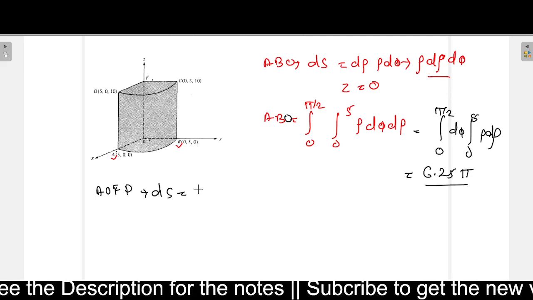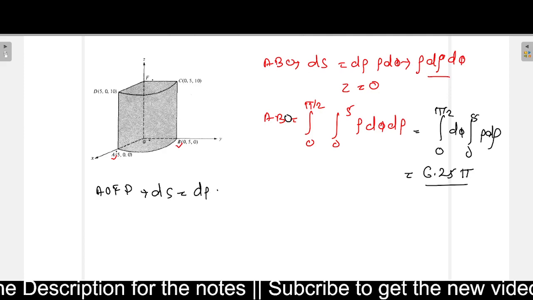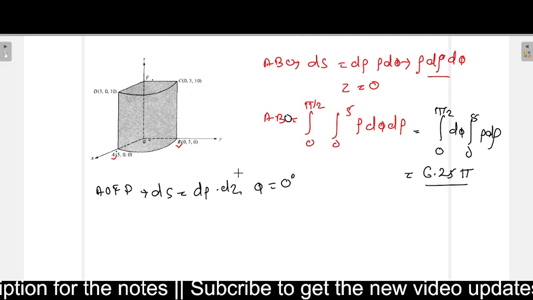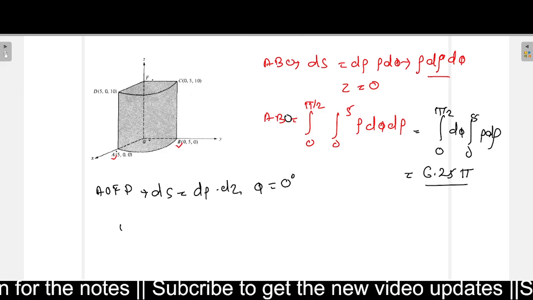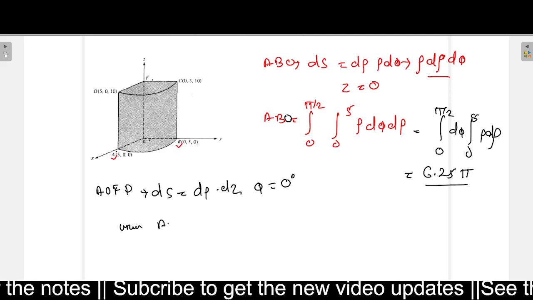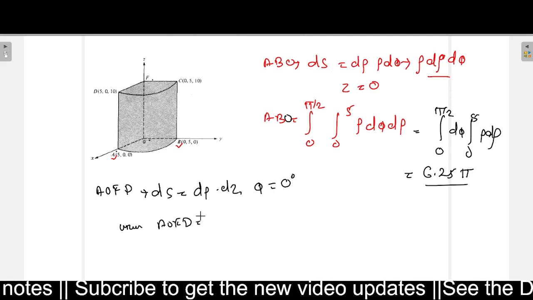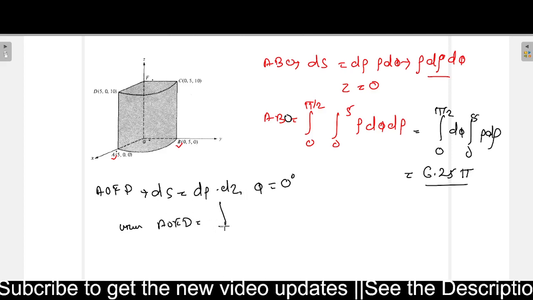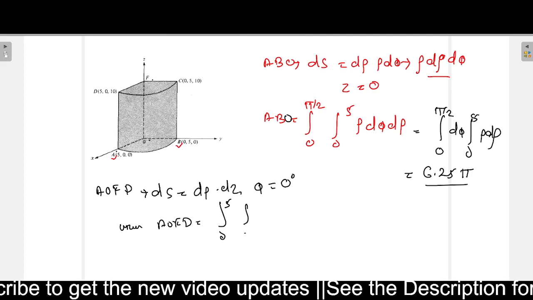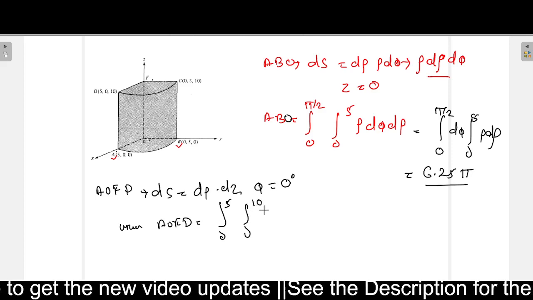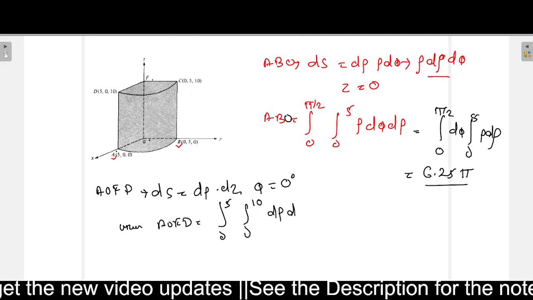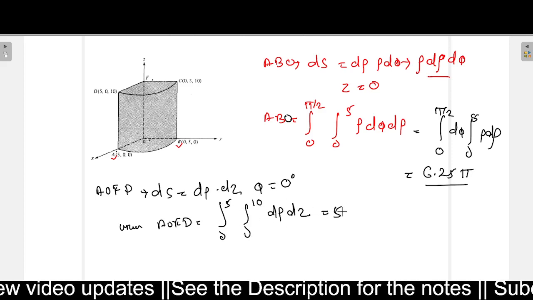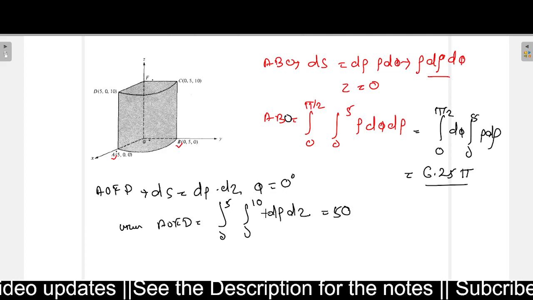So ds is the differential surface d rho into dz, and phi, the angle, equals 0 degrees. Now the area AOFD is again a surface integral, a double integral, where one variable is rho and one is z. So I take the integration from 0 to 5 and from 0 to 10 of d rho dz, the differential surface, and that will come to 50.